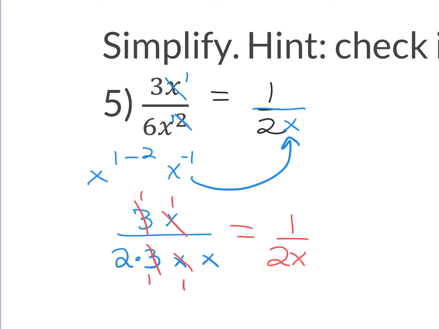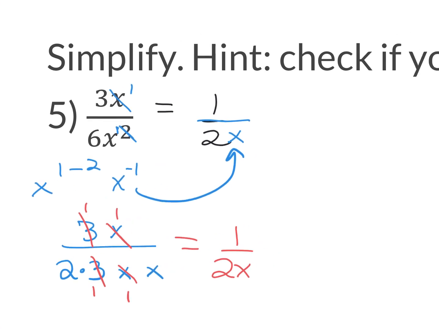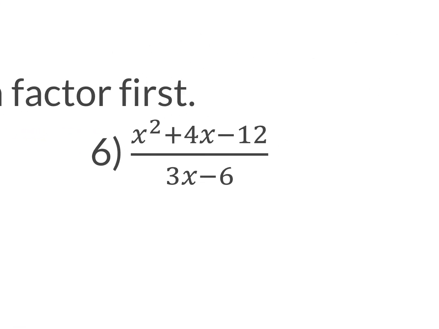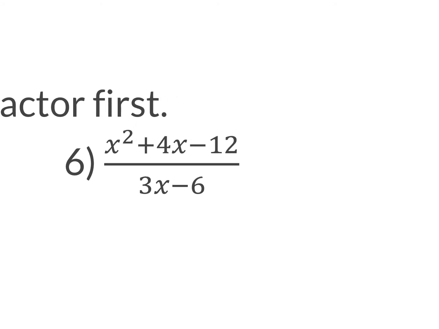Number 6, here we go with our factoring. We need to factor this trinomial. We need to find the factors of -12 that when I combine them, I get +4 for my middle. So two numbers to multiply to give me -12, but the same two factors that when I add them give me +4.